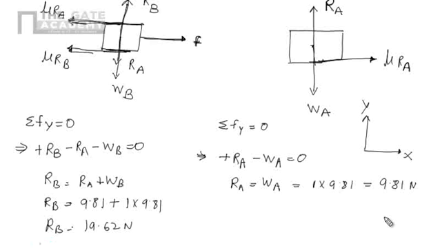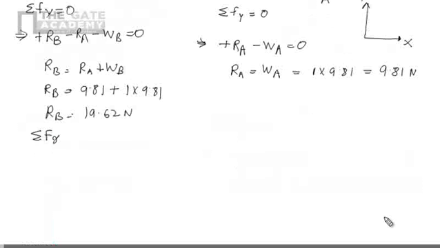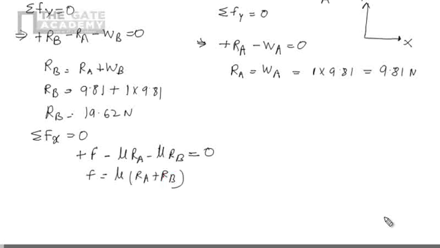Similarly, if we apply condition number 2, that is the algebraic summation of all horizontal forces should be 0, along the x direction, we can write plus F minus mu RA minus mu RB equals 0. So F will be mu times (RA plus RB). We know the value of mu, that is 0.3. We know the value of RA, that is 9.81, and RB is 19.62.